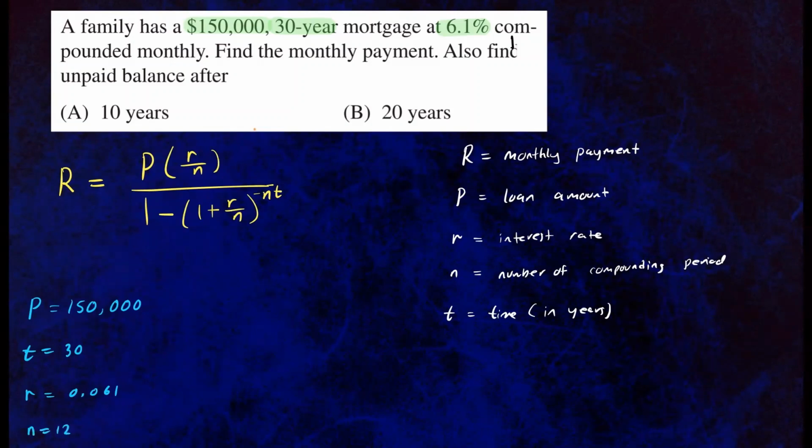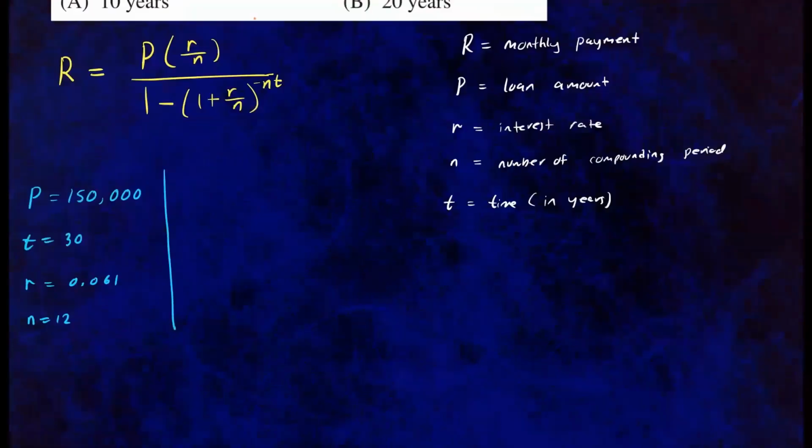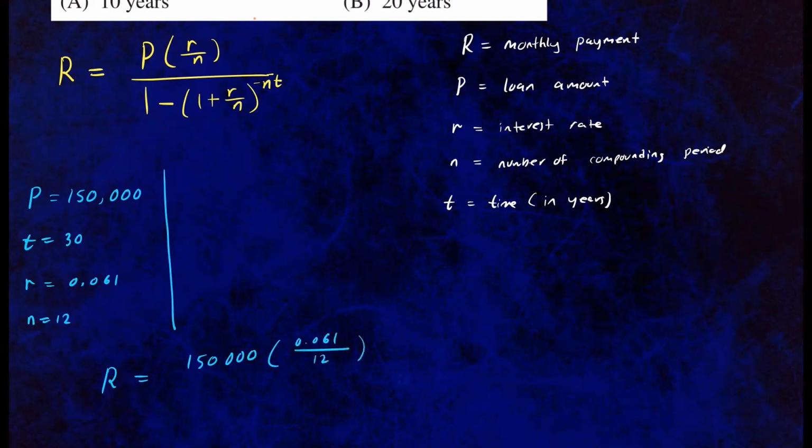All right, with this information, now we can figure out what R is. R is going to be our monthly payment, which is 150,000 times the rate, 0.061, divided by n, 12, all over 1 minus 1 plus the rate, 0.061, divided by 12, to the power negative 12 times 30.